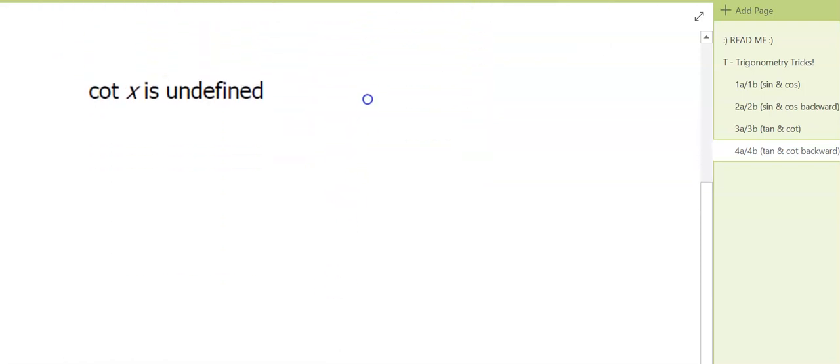The next example is weird, but just like we saw earlier, sometimes weird is better. In this case, it makes it easier. Cotangent, that's kind of a pain, so I'm going to flip that upside down, take its reciprocal, and turn that into tangent.